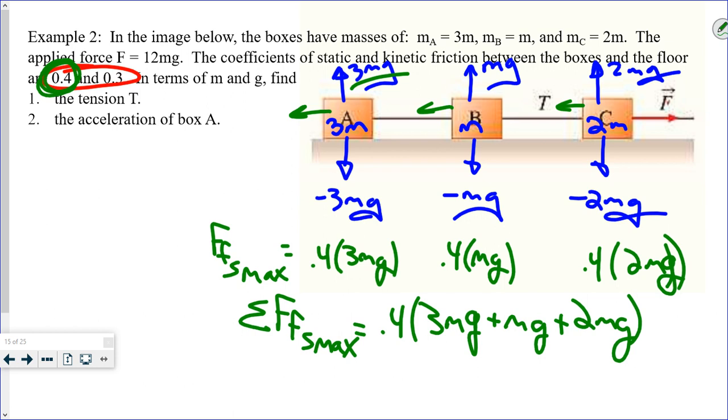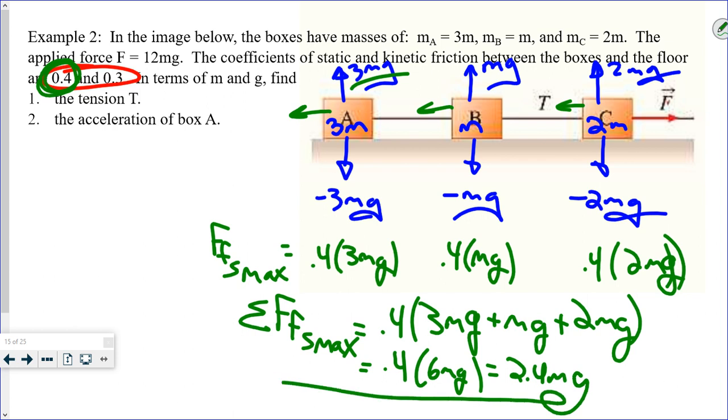So you get 0.4 times 6mg, which is 2.4mg. That's our total force of friction.